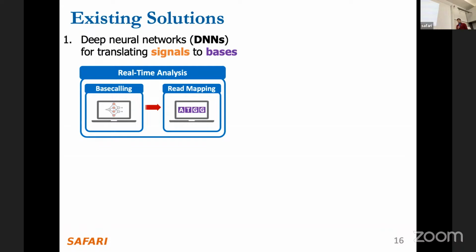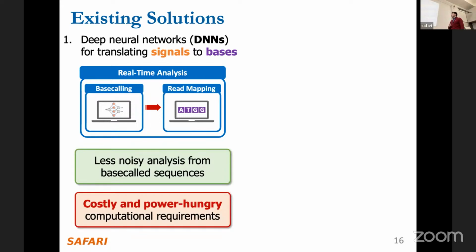So let's cover the problem and also the prior works. There are usually 2 types of existing solutions to achieve real-time analysis. The most classical method is to use deep neural networks to translate these raw signals into DNA characters, ATGCs, and then you can do all your read mapping and all types of classical analysis later on, as long as your analysis is fast enough.